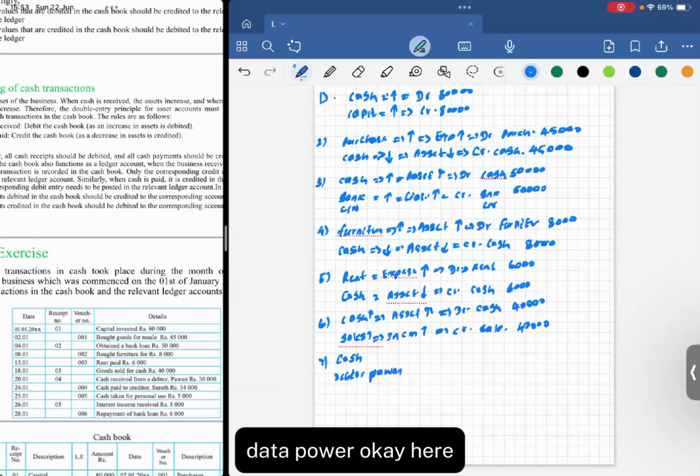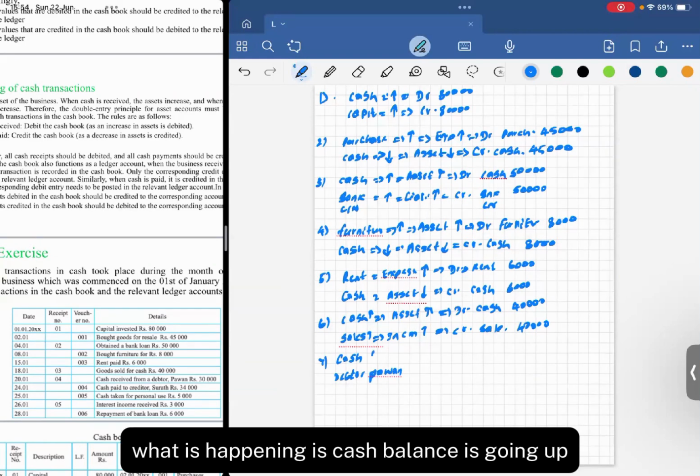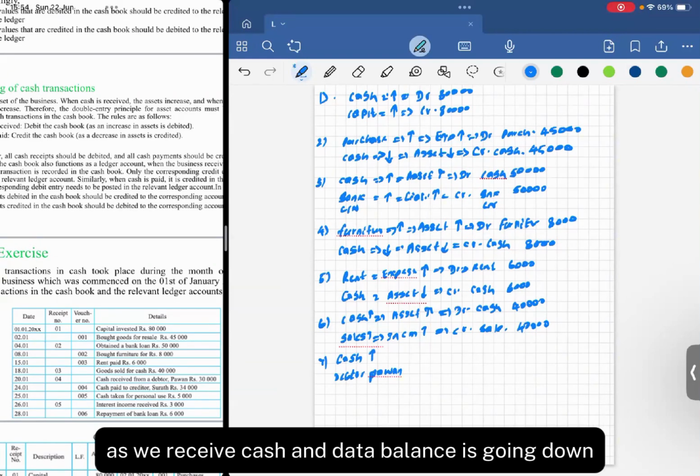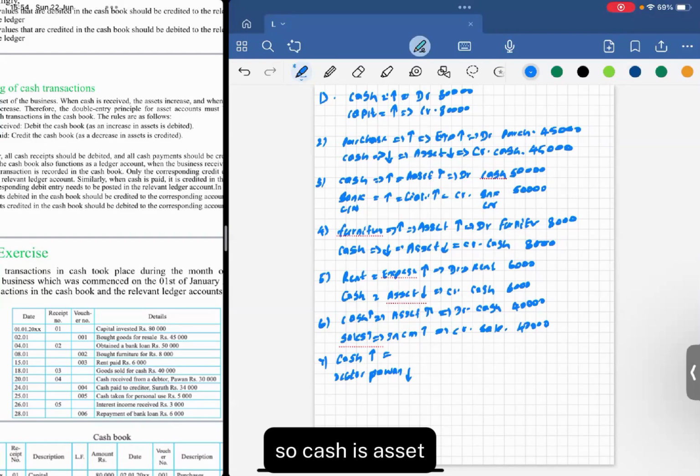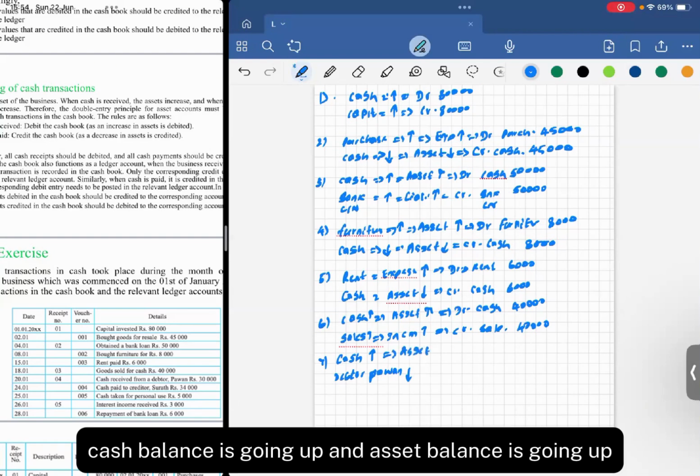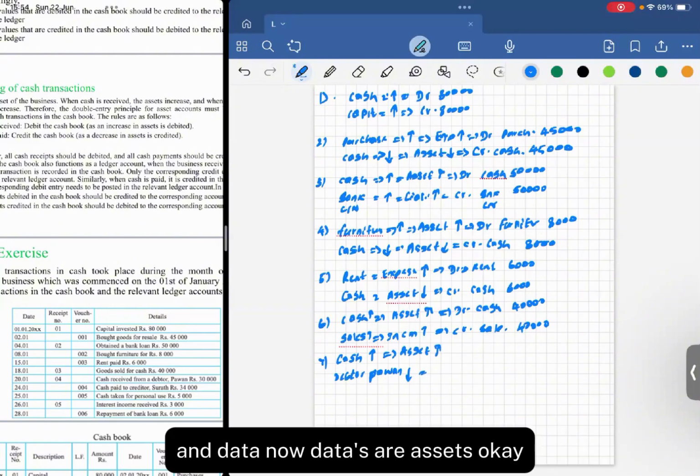What is happening is cash balance is going up as we receive cash, and debtor balance is going down as the debtor is making the payment. So cash is an asset. Now cash balance is going up and asset balance is going up.